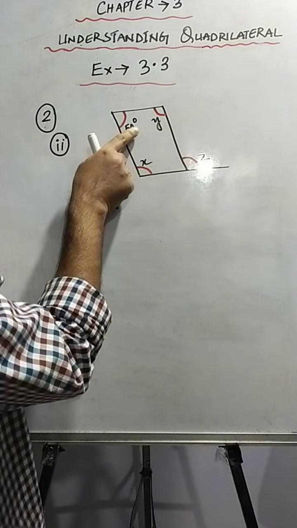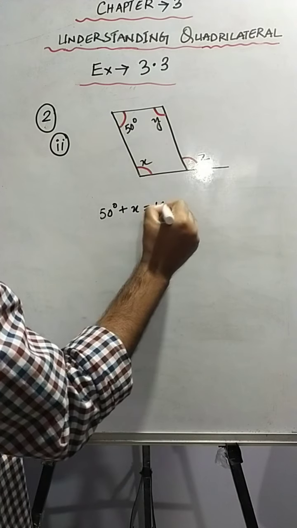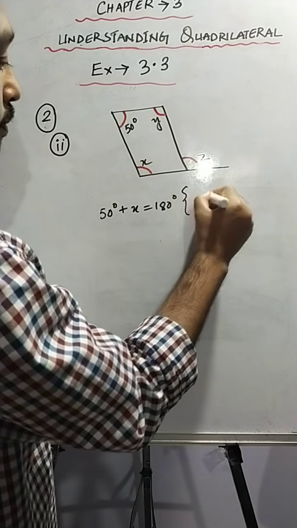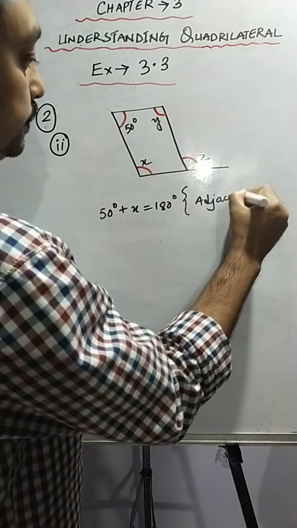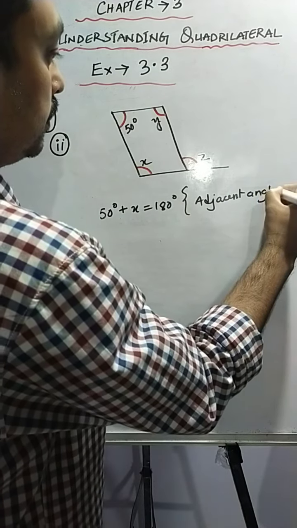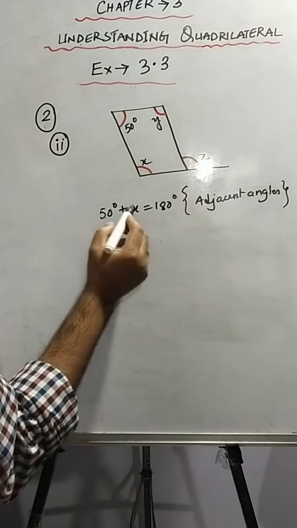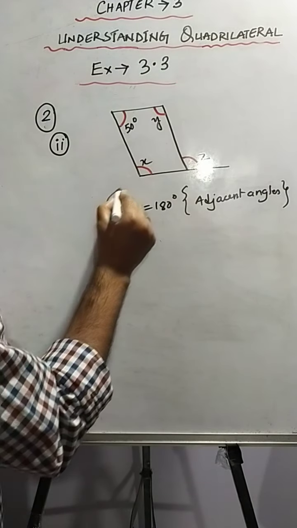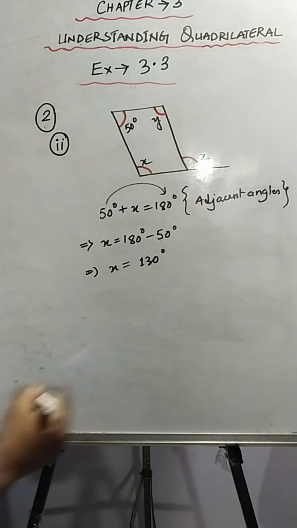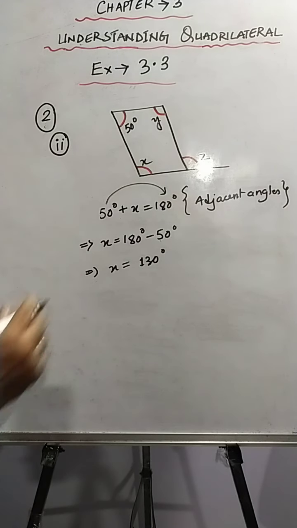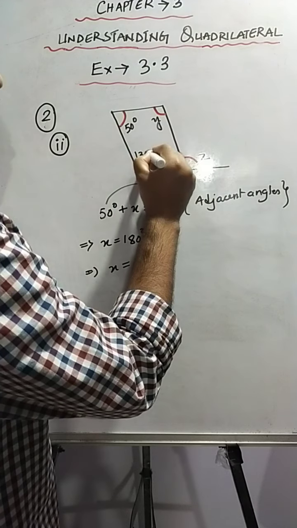So 50 degrees plus x is equal to 180 degrees, because they are adjacent angles. To get the value of x, we transpose 50 degrees to the right hand side. So the value of x is 130 degrees.